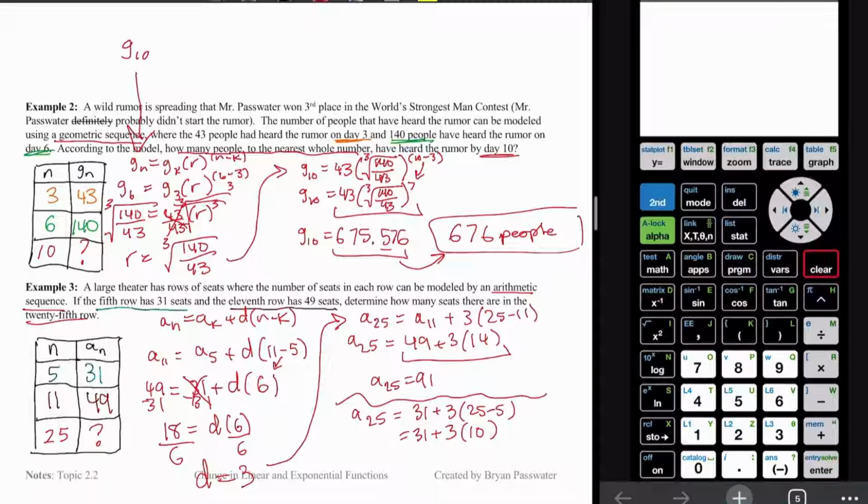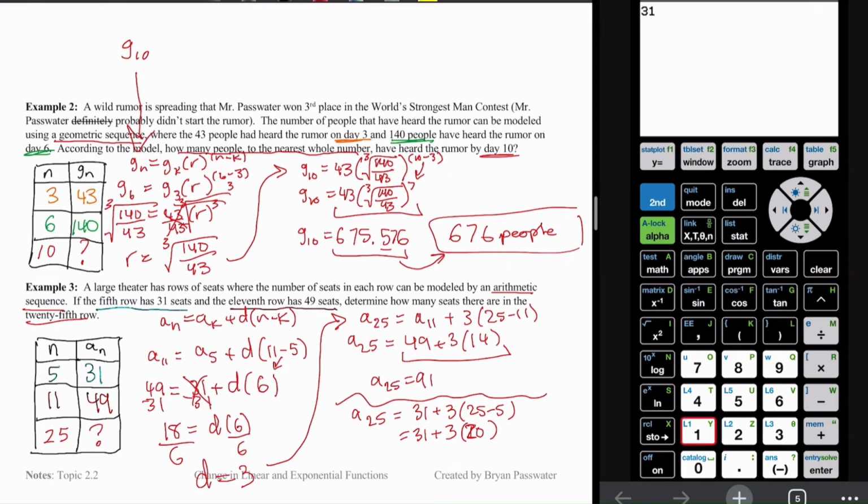My bad, this is not 10, this is 20. What's going on with my subtraction today? That's crazy. So if we put that into the calculator, 31 plus 3 times 20. Actually, let's go back and look at this right here. We have that up there, the one using the 11th term. So now doing the 5th term, they should both result in the same thing. And they do. A25 is equal to 91.